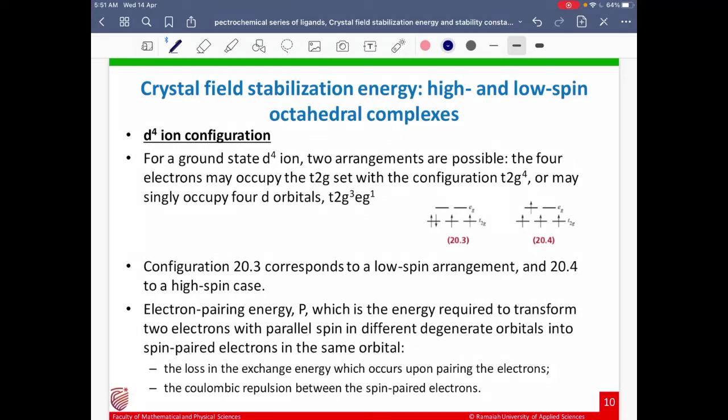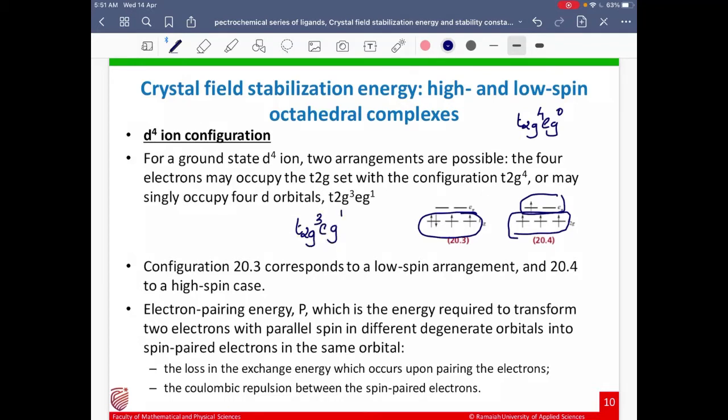If it is a d4 configuration, then we can see a little difference. For a ground state d4 ion, two arrangements are possible. All 4 electrons may occupy the t2g set of orbitals with an electronic configuration of t2g4 eg0, or the electrons may be in singly occupied orbitals, so the electronic configuration will be t2g3 eg1.